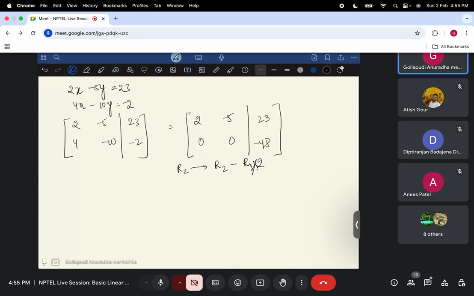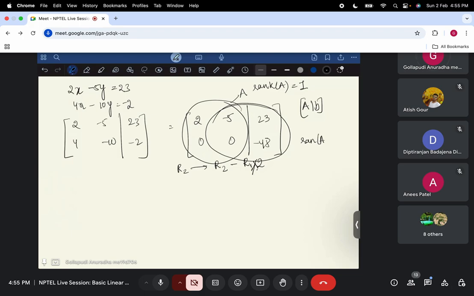Is it okay? Yes, ma'am. So what is happening here? This is the A matrix, and the rank of the A matrix is 1, because you have a 0 row at the bottom. But if you see the augmented matrix, the rank will be 2.